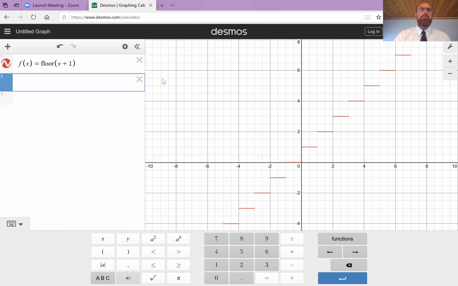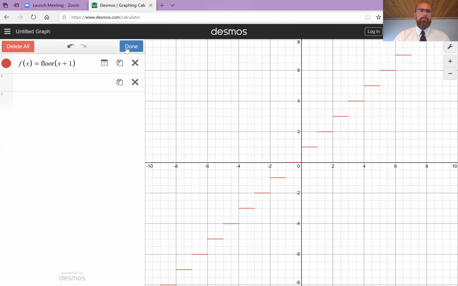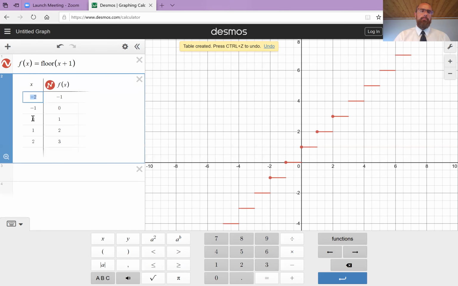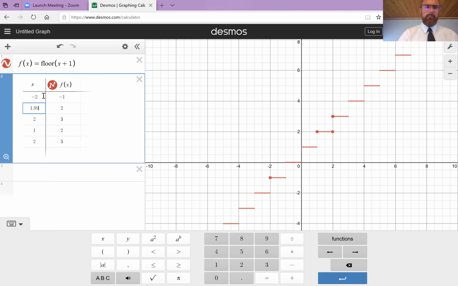Now to see what's going on around 2, let's create a table. And I'm going to put 2 here in the center, and then let's go with 1.999 and 1.99 and 2.001 and 2.01.